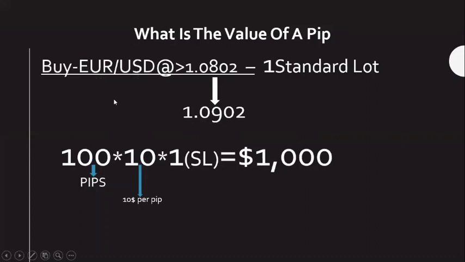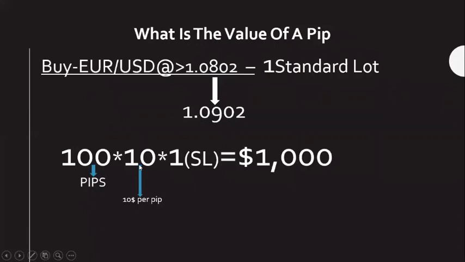Okay, let me go over it again. We went on a buy trade for Euro USD and we made this movement and we made 100 pips. If you punch your calculator 1.0902 minus this, we discover that it's 100, and that's the move profit we made, 100 pips, times 10.